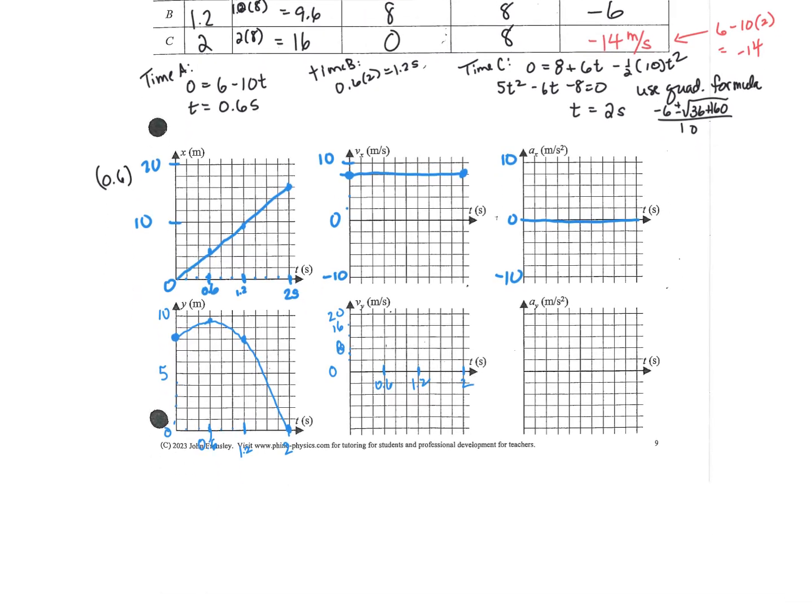Vertical velocity is at 6, so it's right here. This is 4, and we know it went to 0 here, and then it went to negative 6 here, and then ended up at negative 14. So 4, 8, 12, 16. This is 12, negative 16. So this would be halfway, right here. And look at that. That is a beautiful diagonal line showing that, if this is 0 and this is negative 10, a lovely constant acceleration. All right.